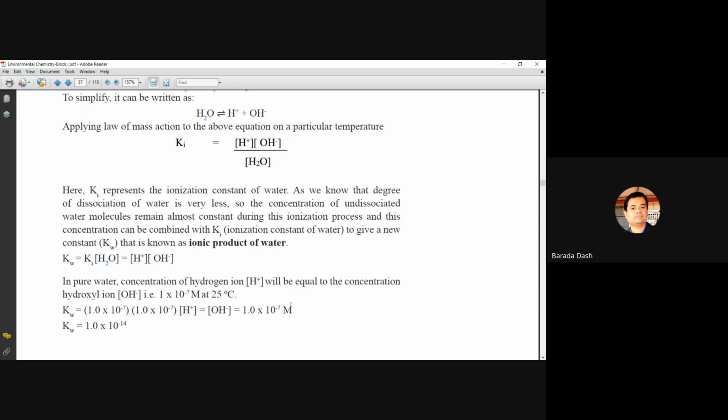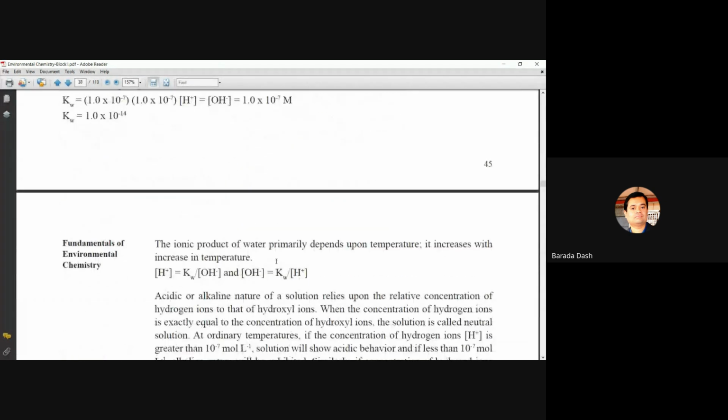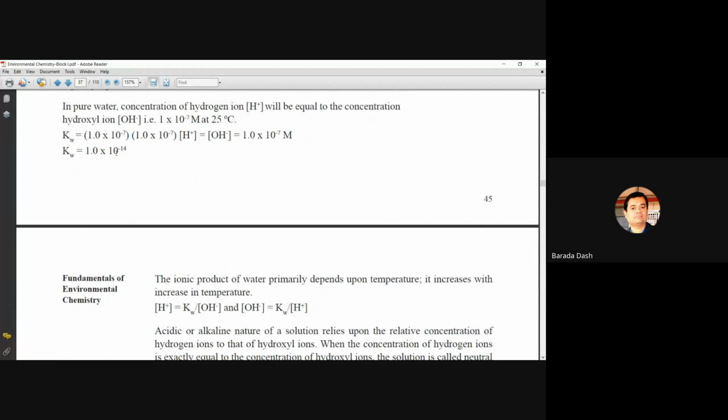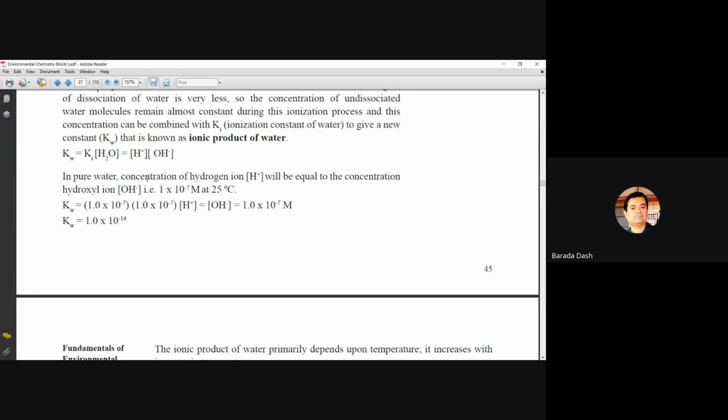The ionic product of water, Kw, equals Ki times the concentration of water, which equals the H plus concentration times the OH minus concentration. Kw equals 1 into 10 to the power minus 14.